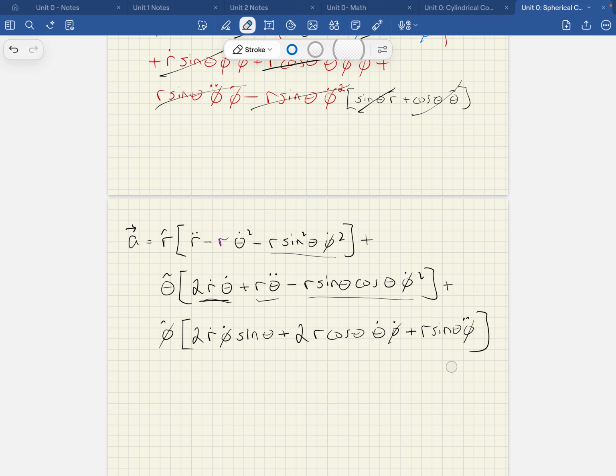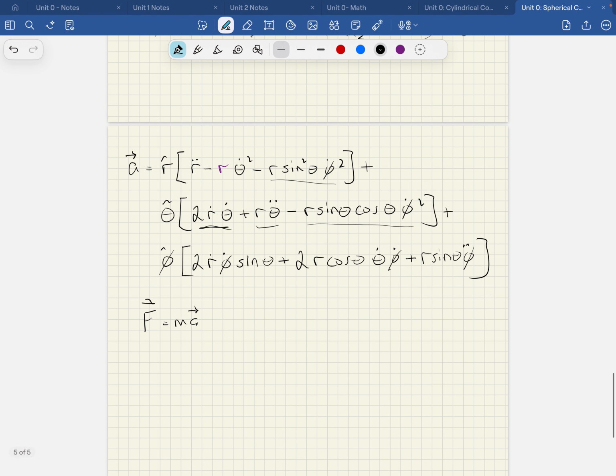Yeah, so if I do F equals ma in spherical coordinates, and I know that, for example, my force is equal to 3 newtons r hat plus 7 newtons phi hat, when I plug that into ma, I've got to use this acceleration.